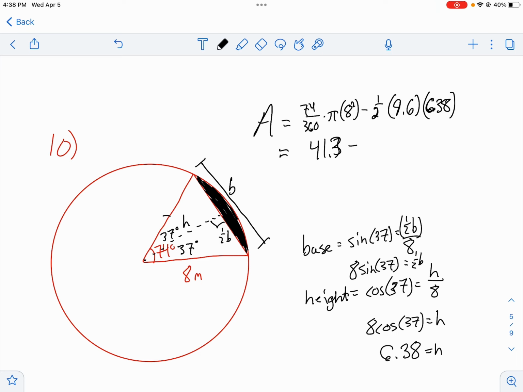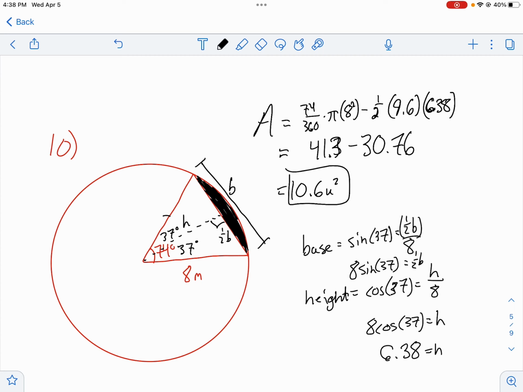I need to subtract from that 1/2 times that 9.6 number, times that 6.38 number. And that is 30.76. I'm going to take that 41 number, subtract from it the 30.76 number, and I get 10.6-ish. And that's going to be in units squared.